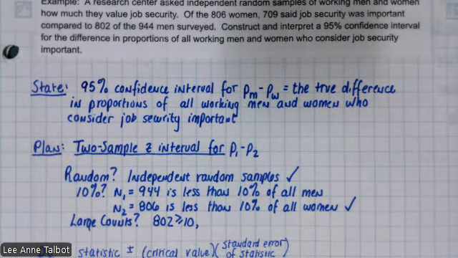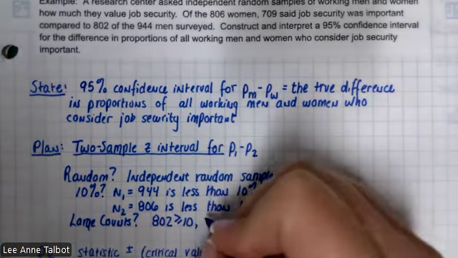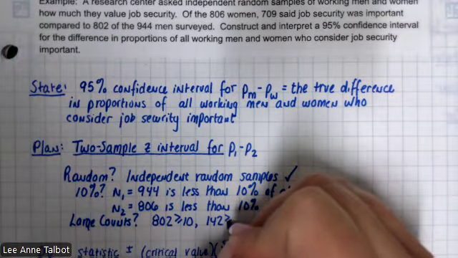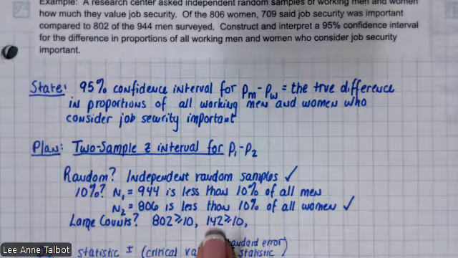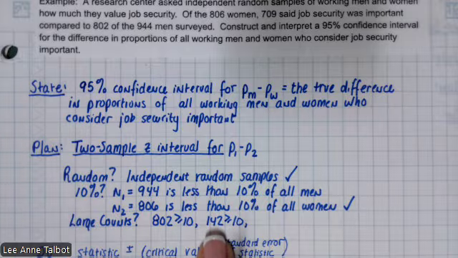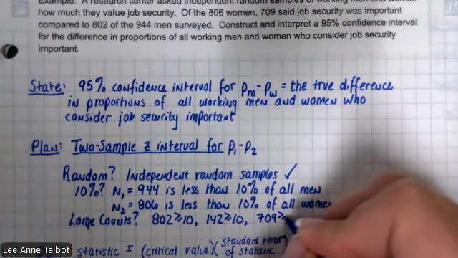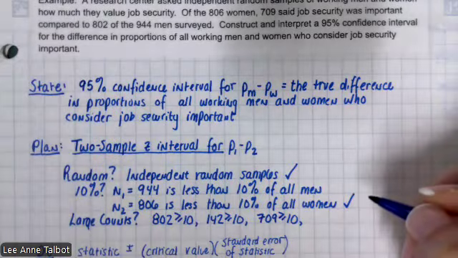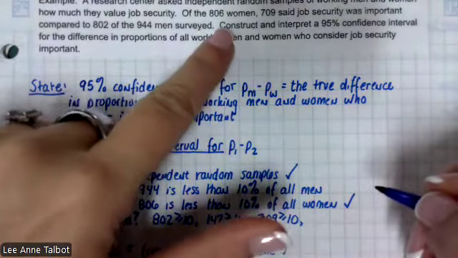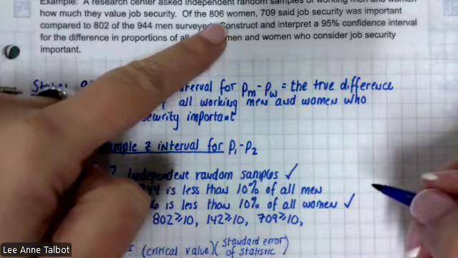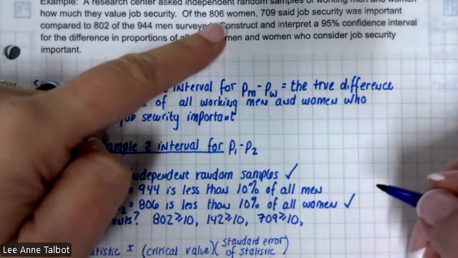I need a calculator. Now, what's 944? I can't do it. 142. Does everyone know where I got the 142 from? Okay. How many successes are there in the women's section? 709. And how many failures? 97.